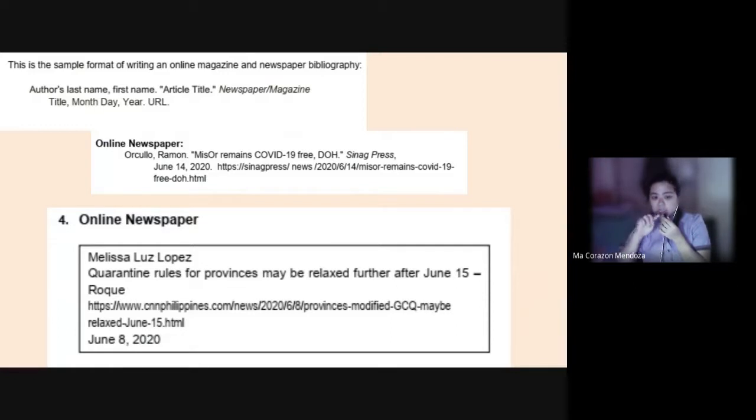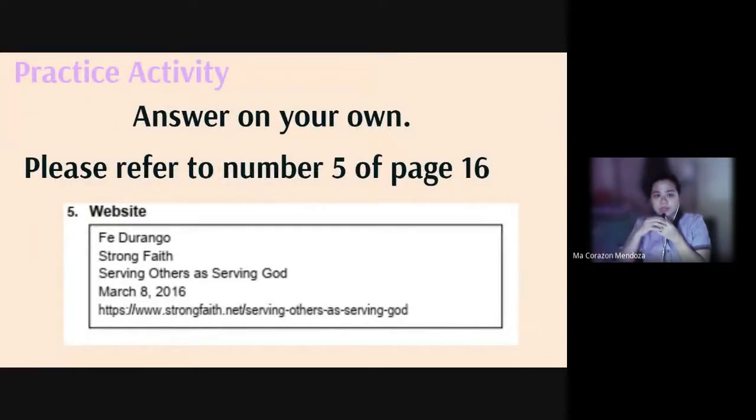The long URL right here is the URL. And June 8, 2020 is the month and day. So you're just gonna arrange them according to this format.